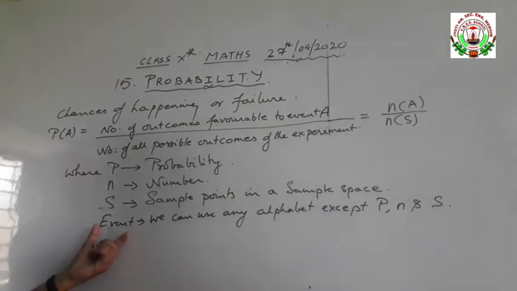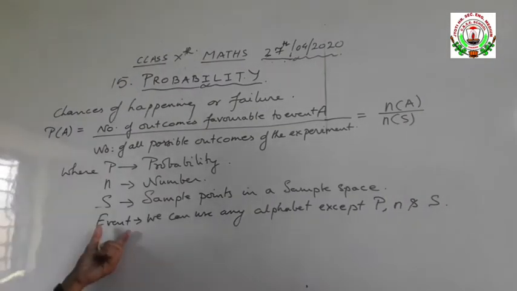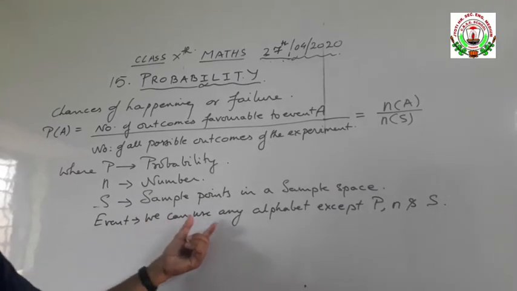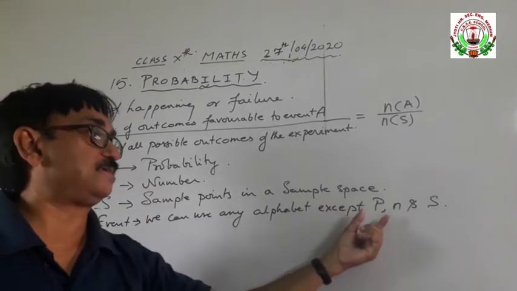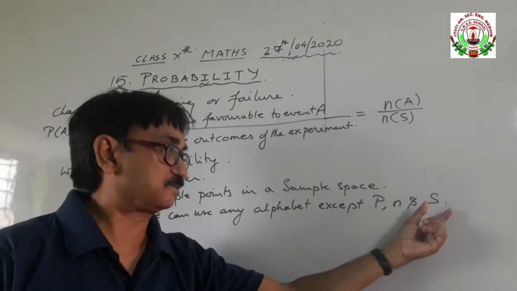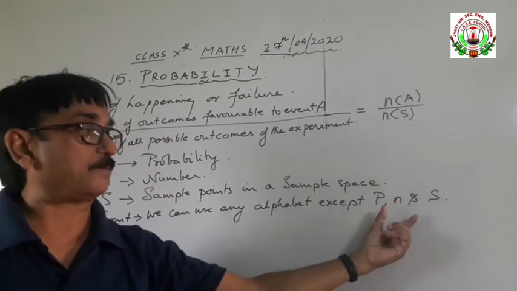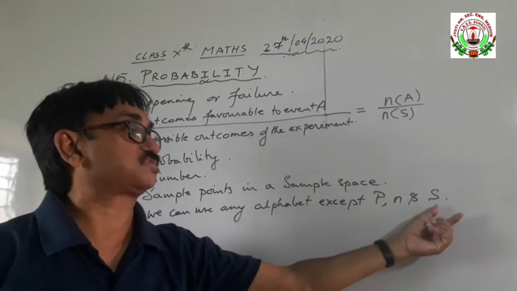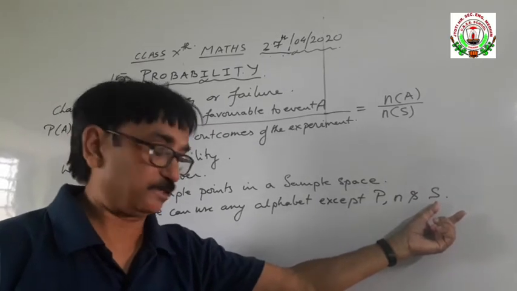Whenever we are representing any event, we can use any alphabet except P, N and S, because P stands for probability, N stands for number and S stands for sample points.